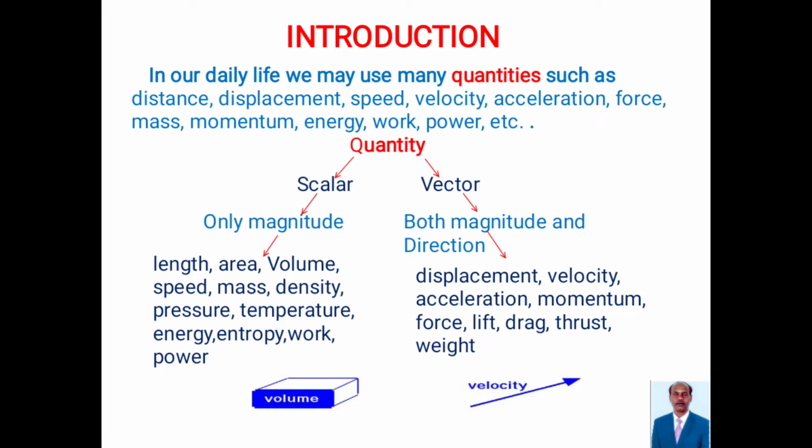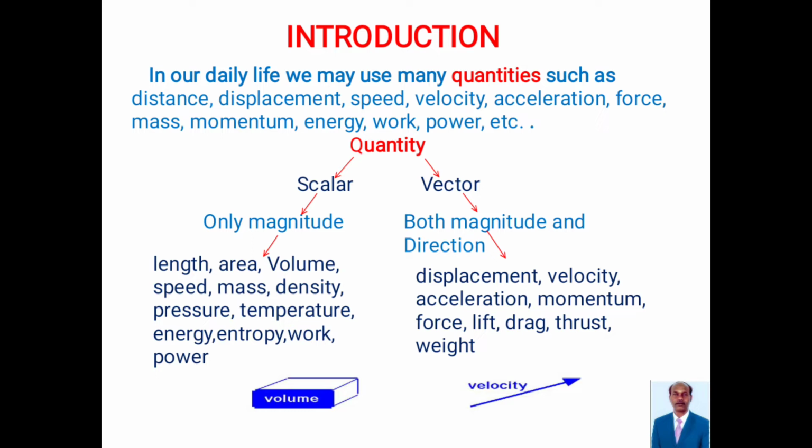What is a vector? A quantity which contains both magnitude as well as direction. Then we can say that quantity is a vector quantity. For example, displacement, velocity, acceleration, momentum, force, lift, drag, thrust, weight. All these are known as vector quantities.